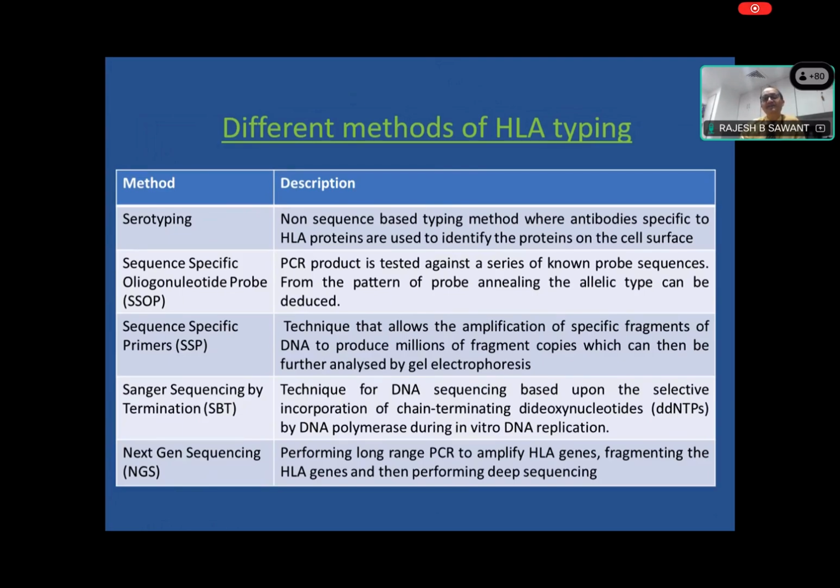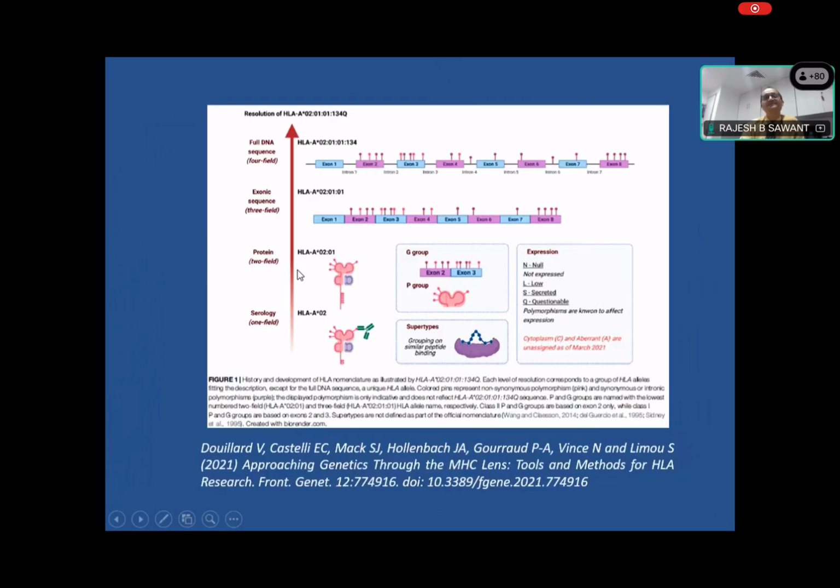So SBT is also available. And then today, the most popular one, with the highest resolution, is next generation sequencing, where you perform long range PCR to amplify the HLA genes, fragment them, and then perform the deep sequencing. That is how the different methods of HLA typing can be viewed.